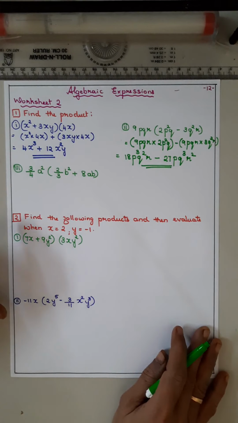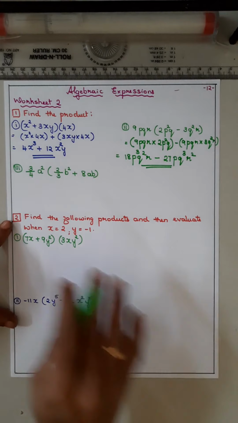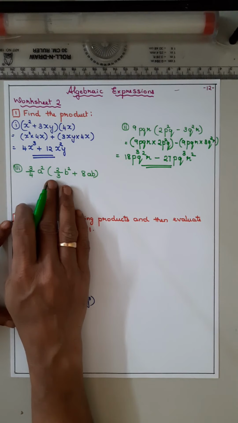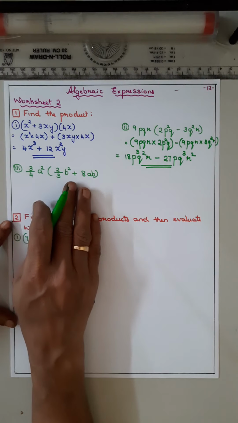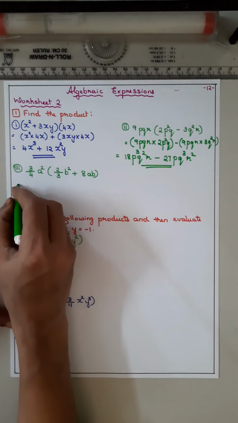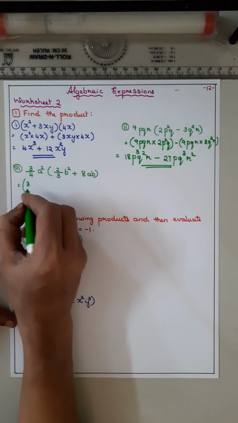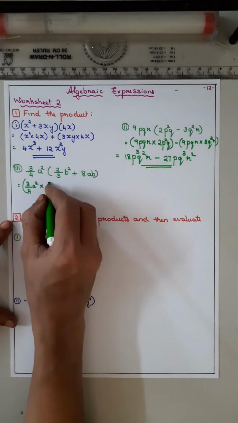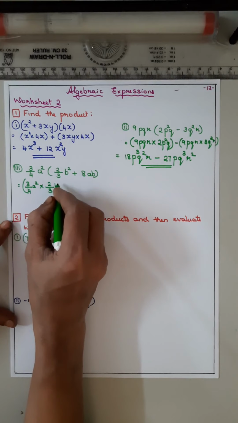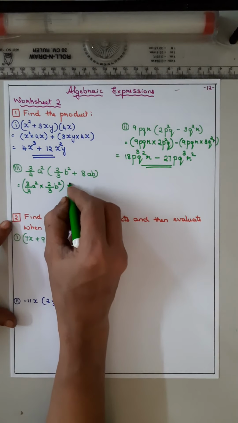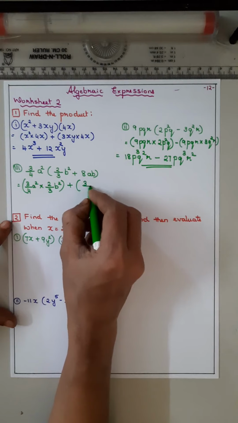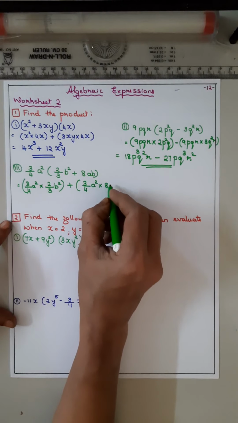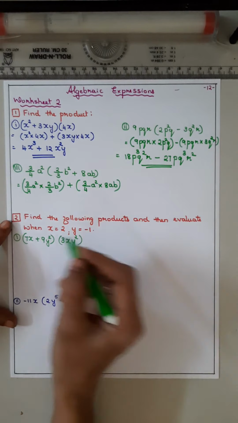Clear? Now coming to the third sum, 3 by 4 a squared bracket open 2 by 3 b squared plus 8ab. The same method, bracket open 3 by 4 a squared into the first term 2 by 3 b squared, bracket close, plus bracket open 3 by 4 a squared into 8ab.